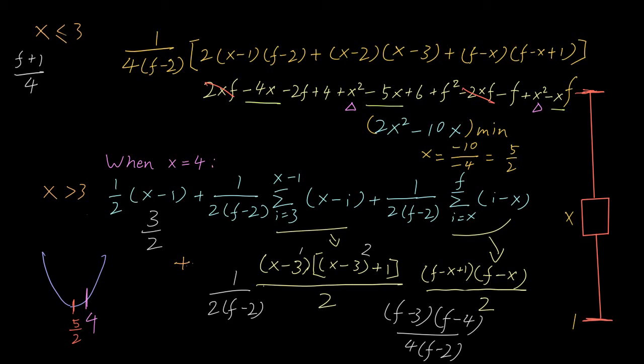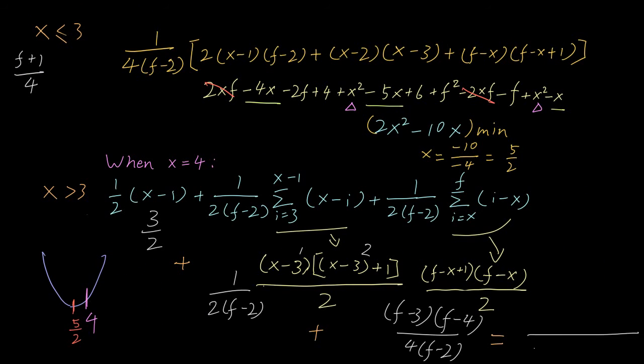And when we add them all up, we can get, I'm going to erase this, not this, not this, not this. Alright. Okay, so 4f minus 2 under f squared minus f plus 2.